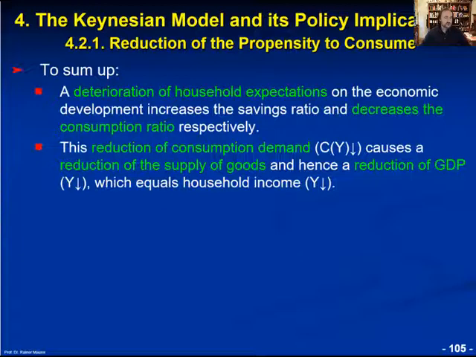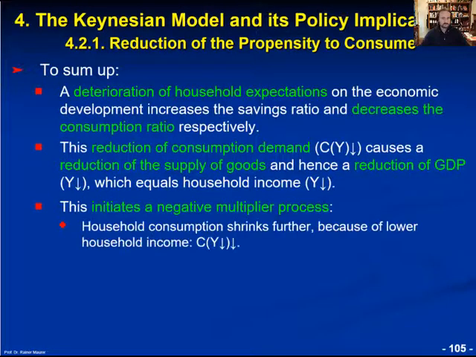This reduction of the consumption demand causes a reduction of the supply of goods and hence a reduction of GDP, which equals household income. So household income falls also. This initiates a negative multiplier process.